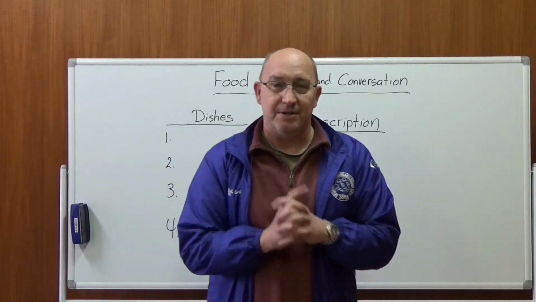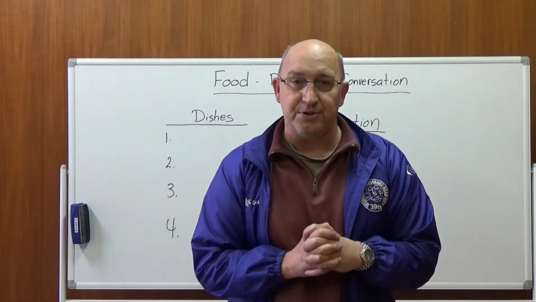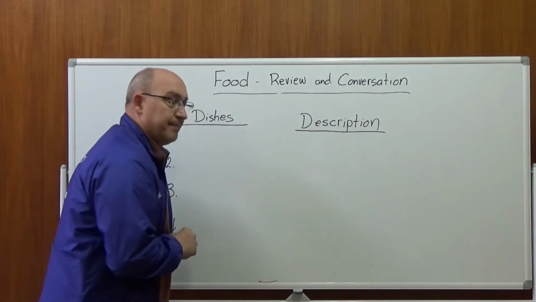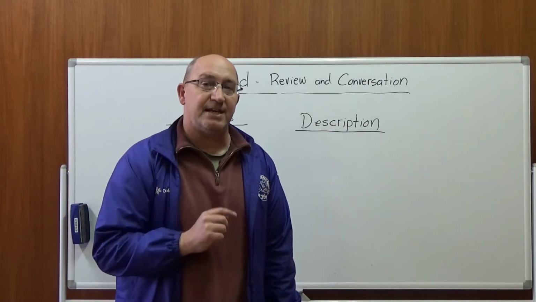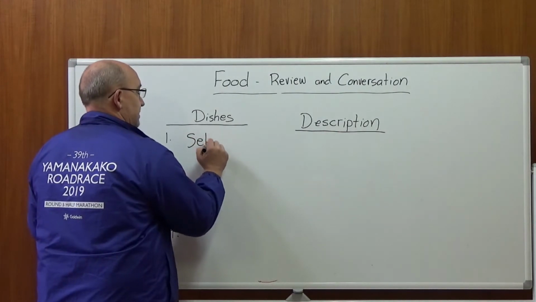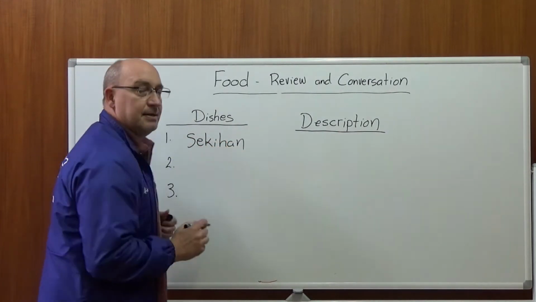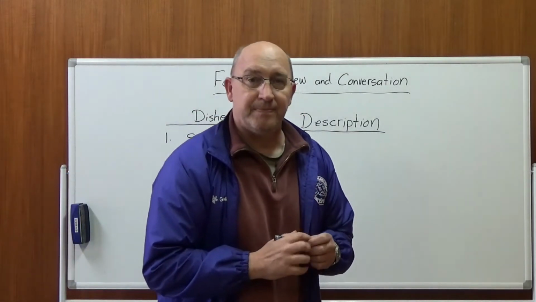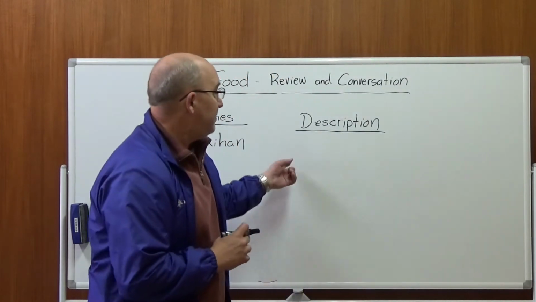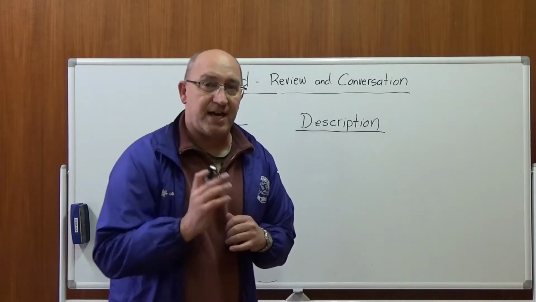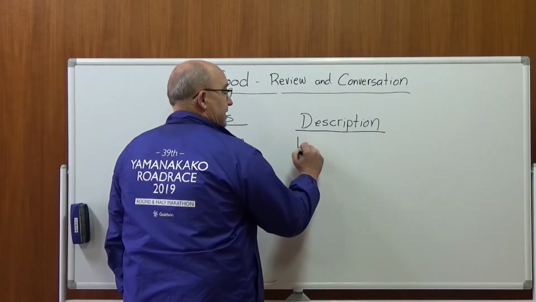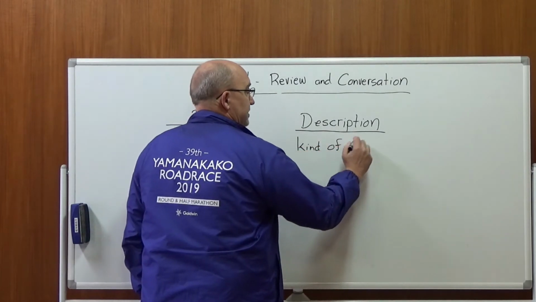Okay. Now, could you catch the name of the 4 foods? Let's start with number 1. The first dish that I said is, that's right, I said, how about sekihan? Right? Of course, it is the visitor's birthday. But how did I describe sekihan? Could you catch that? Yes, I said it's a kind of sticky rice.